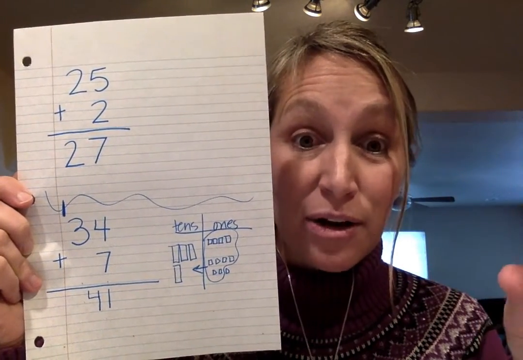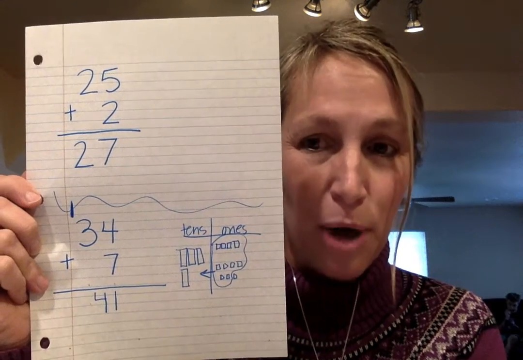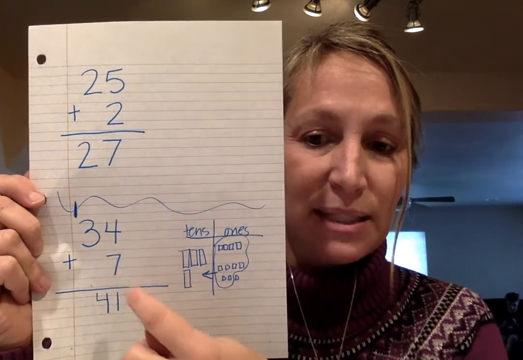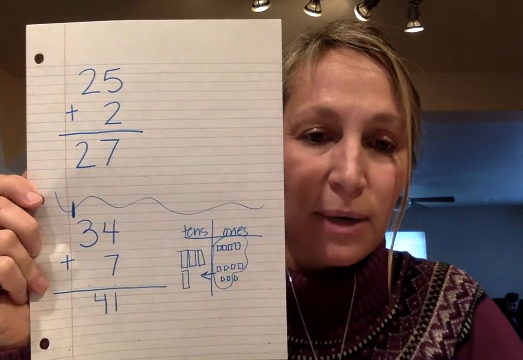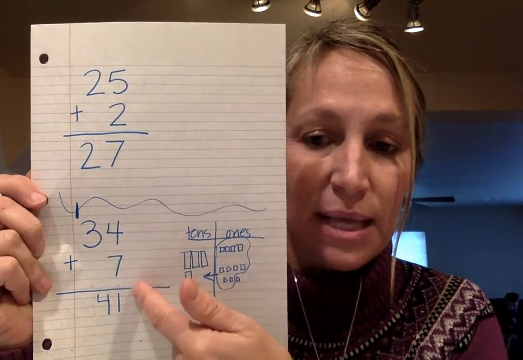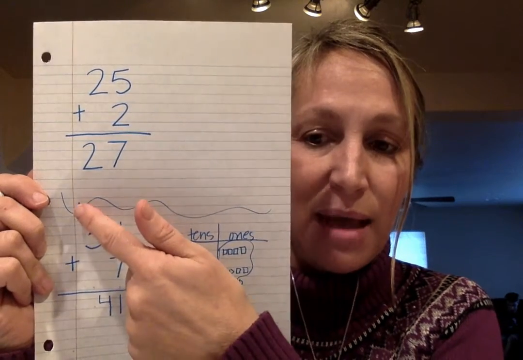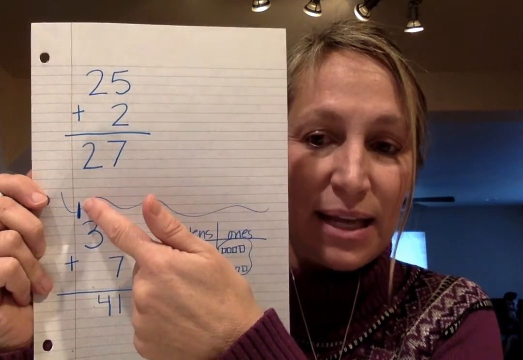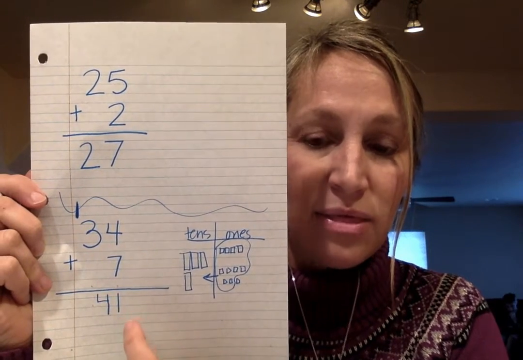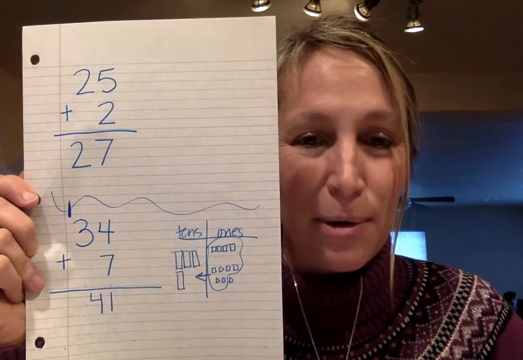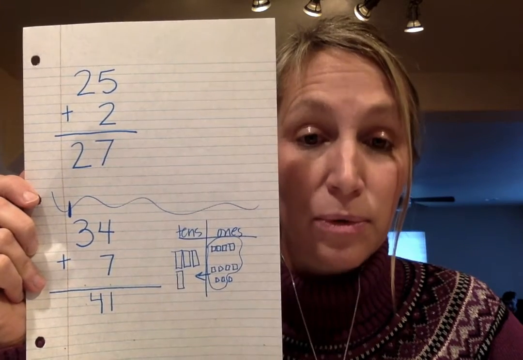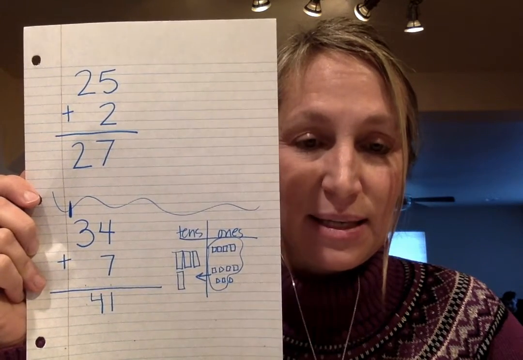Because if you already know your math facts, now you can learn the process, which is to regroup. Because it's bigger than 9, we have to regroup. And it's important to memorize that the 1 here stays in the ones column and we do the tens. If you look, that 1 and that 1 still make the number 11. You just put or regroup the 10 into the tens column.